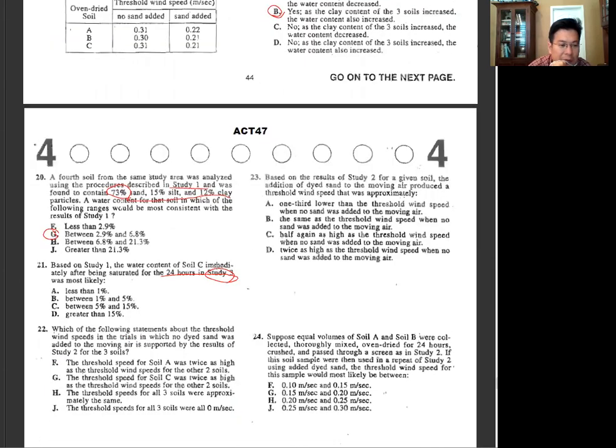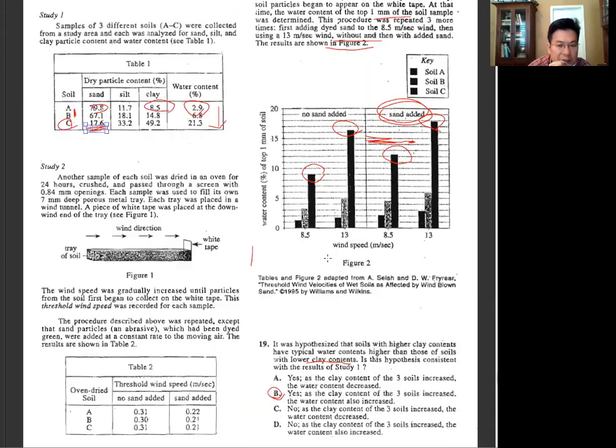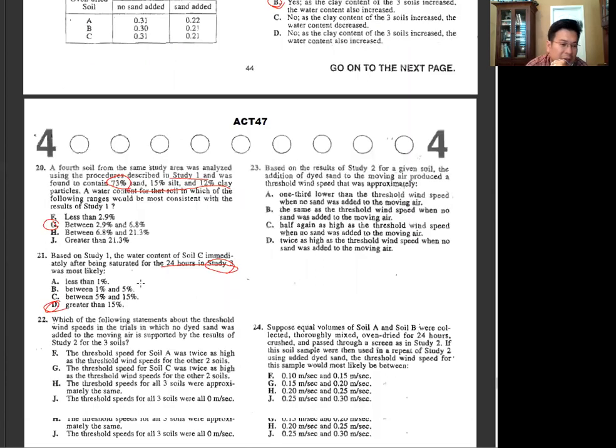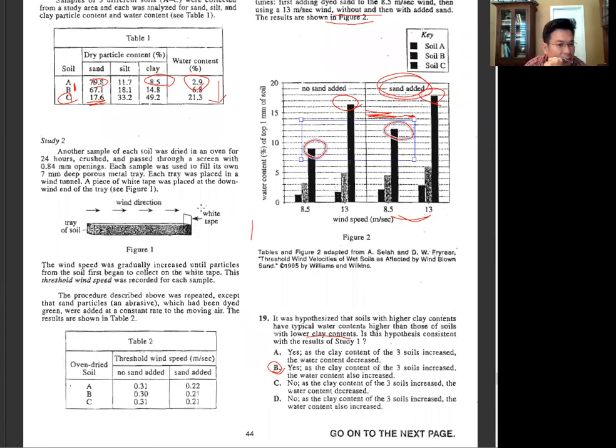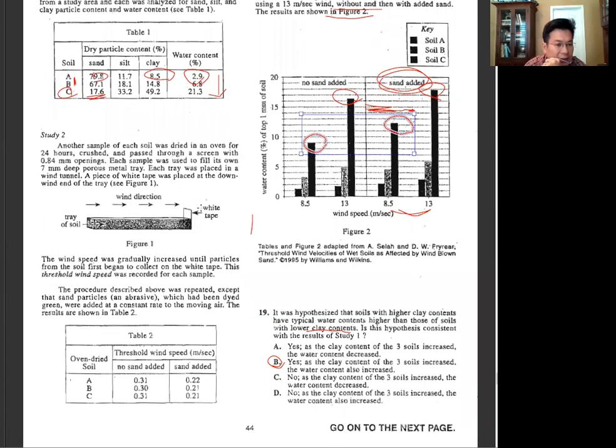Immediately, it says soil immediately. I think it's greater than 15, because if it is between these two, then it's between 12% and whatever, like 18%. So the closest one that I can find is B, I guess. Yeah, it's kind of tricky.